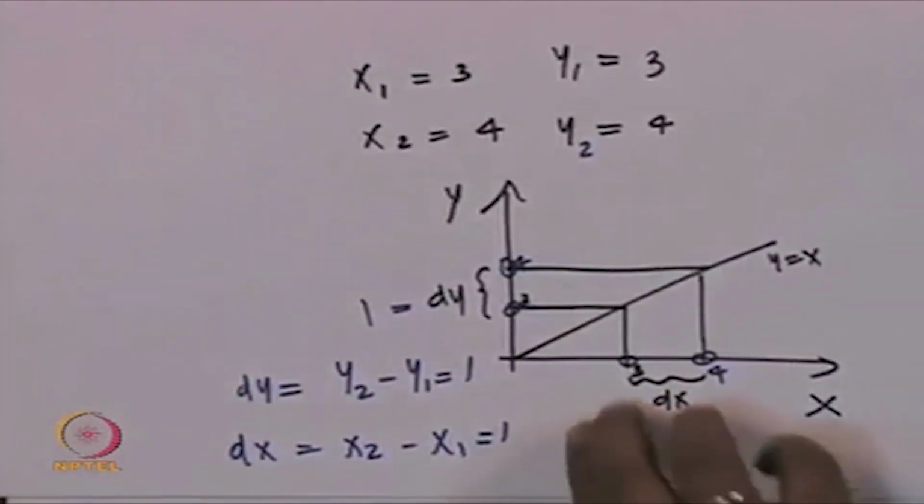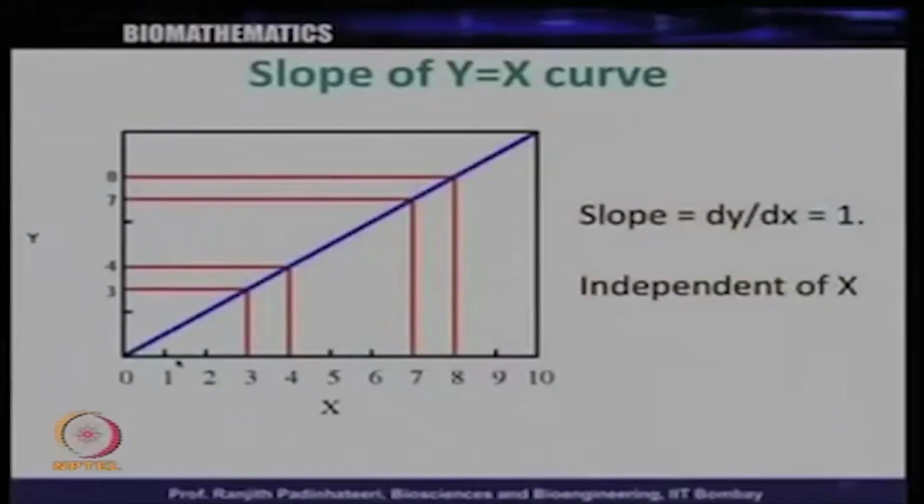Let us have a look at this graph once more. This dy by dx, which is how much y changes when you change x by a certain amount dx, is called the slope, and if you calculate it for this curve, you will get dy by dx equal to 1.